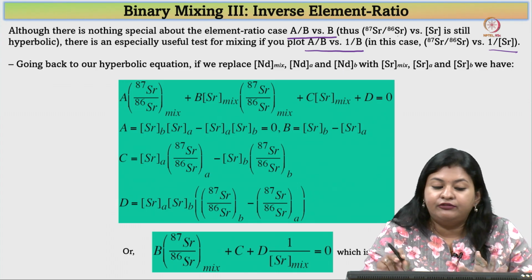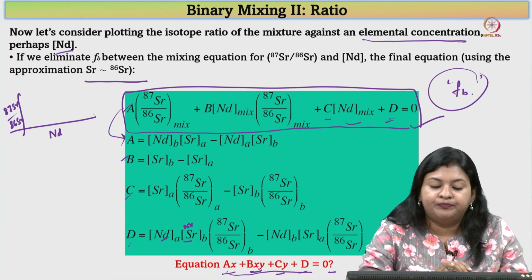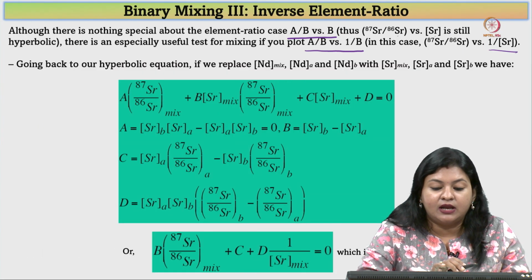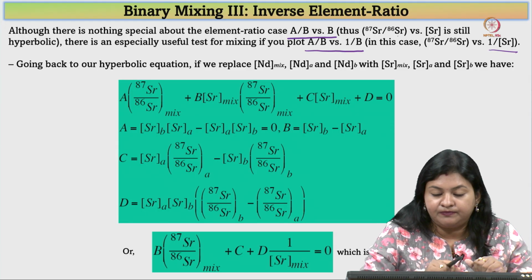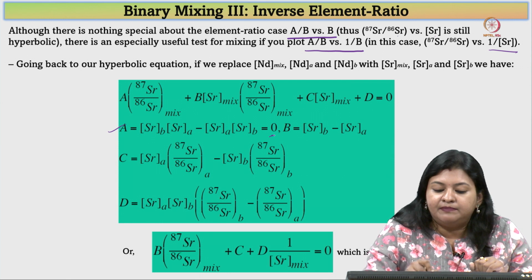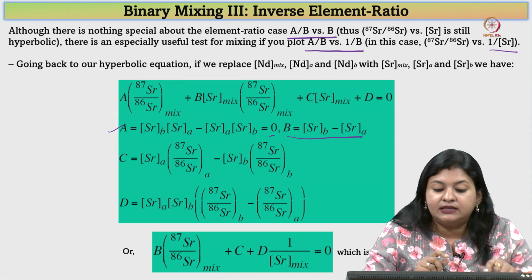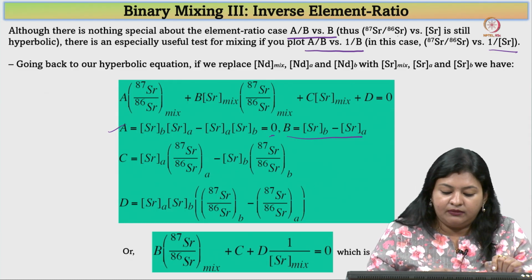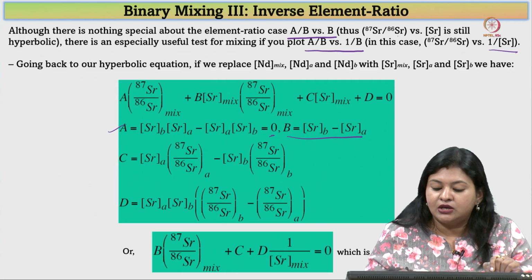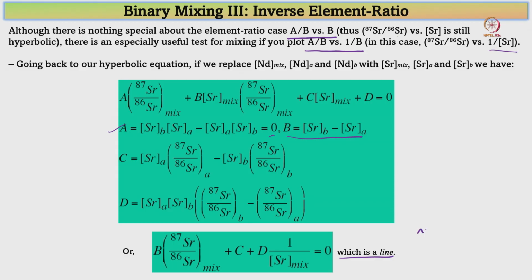Then if we replace the neodymium terms with 1 by strontium and we again solve this equation, my A term comes to 0, my B term is this, C is this, D is this. But since the A term becomes 0, my equation now becomes a line. So, it is in the form of y is equal to mx plus c, right.